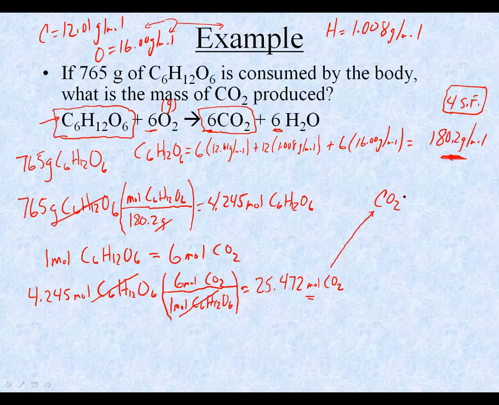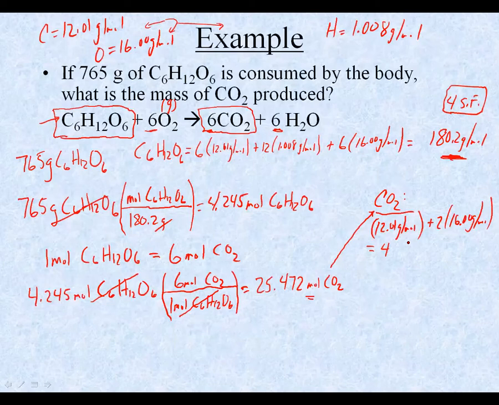So if we go back to the periodic table, that's 12.01 grams per mole for our carbon, plus 2 times 16 grams per mole for our oxygen. And it looks like we get something like 44.01 grams per mole, which would be the molar mass of CO2.